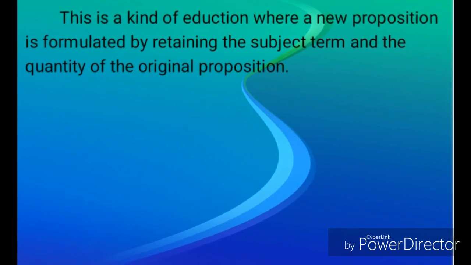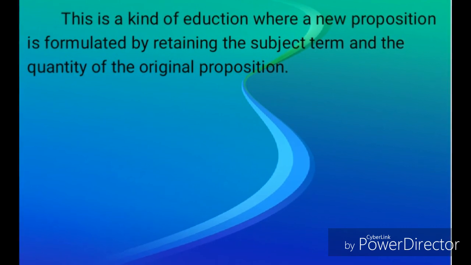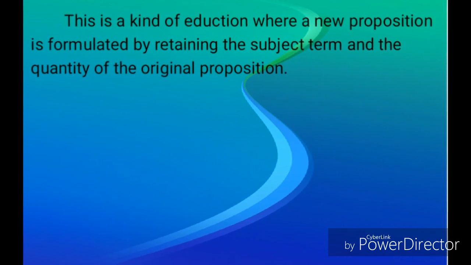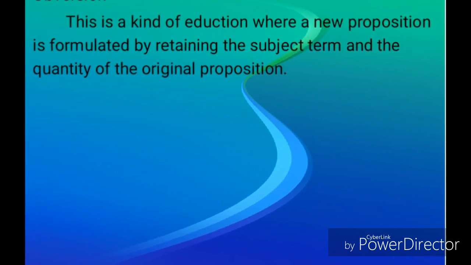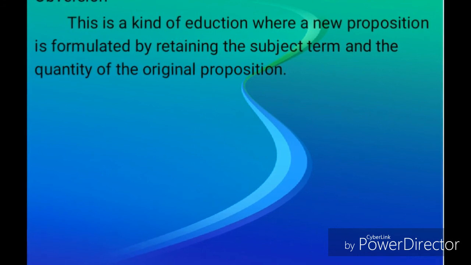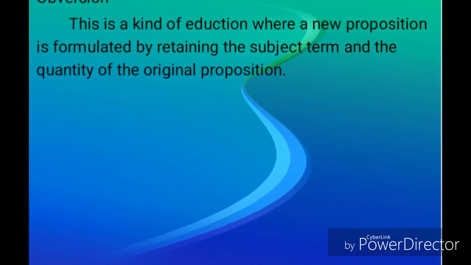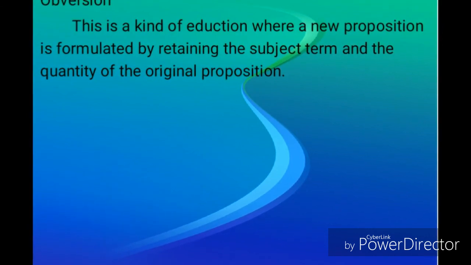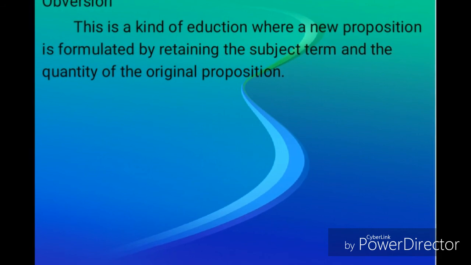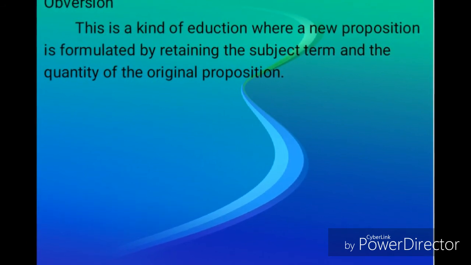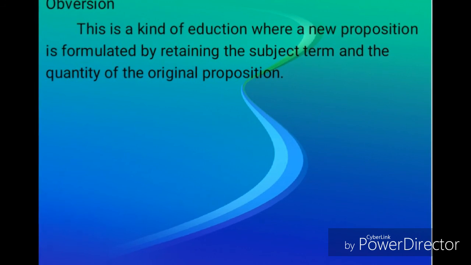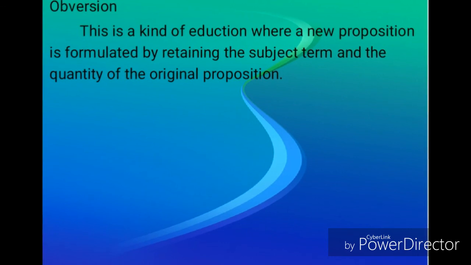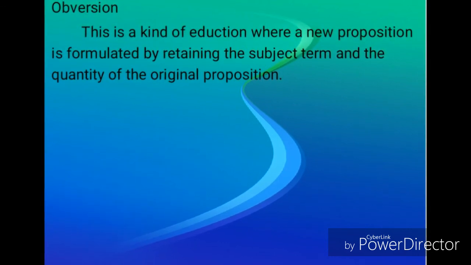So, when we say obversion, this is a process of eduction where a new proposition will be formed and will continue in the subject form, and the quantity of the subject will all originate.